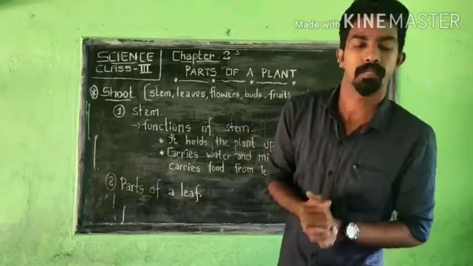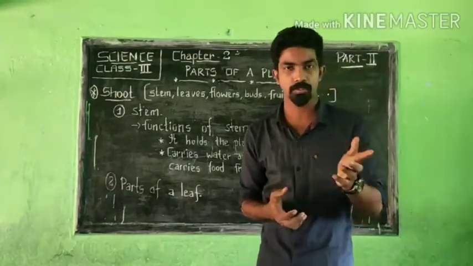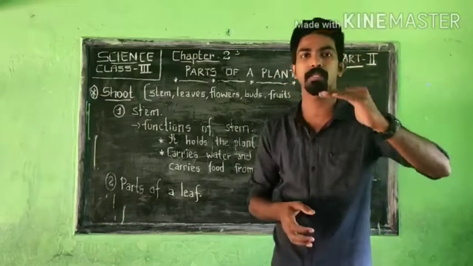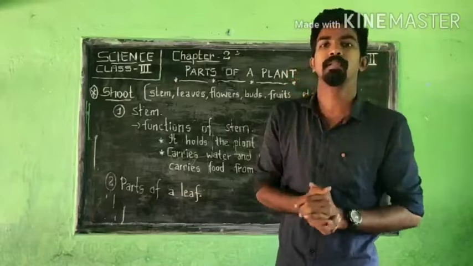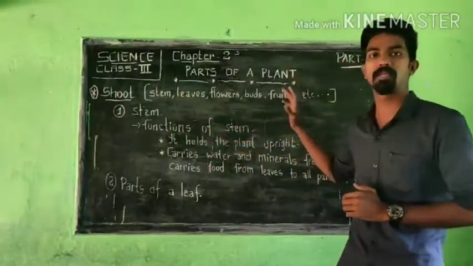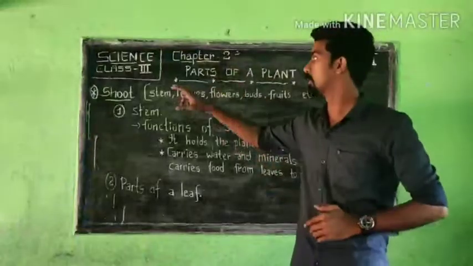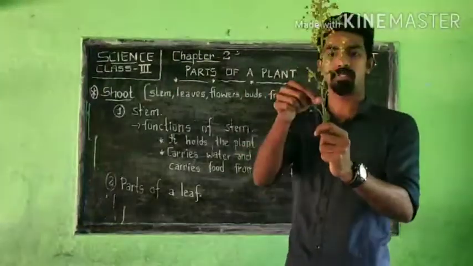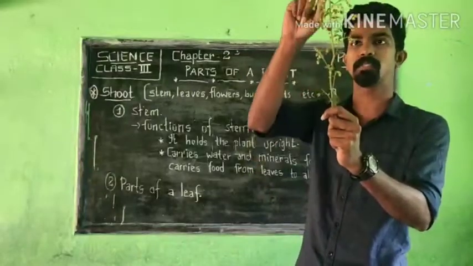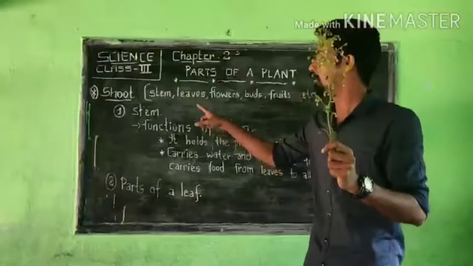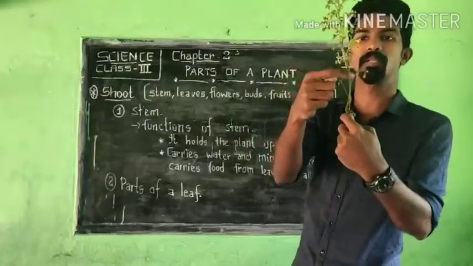So we will go to page number 12, the shoot system. The shoot consists of the parts of a plant that grow above the ground, which we can see above the soil. That is called the shoot system. Almost all these parts of a plant we can see above the soil. The stem, this green line, is called the stem. Then the leaves, you can see the leaves of this one.